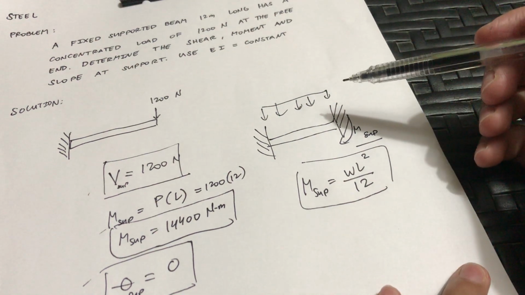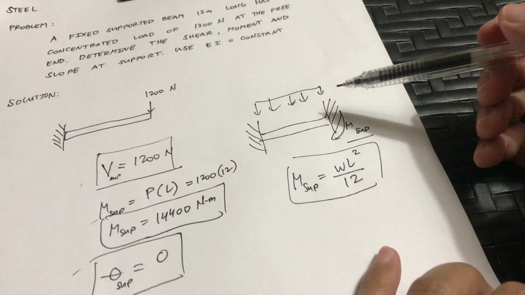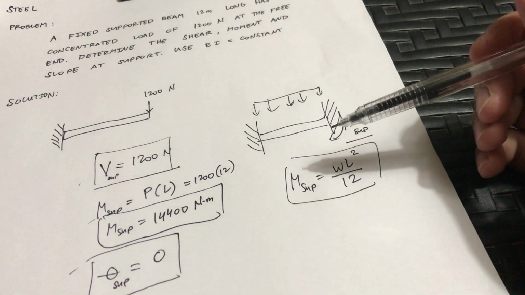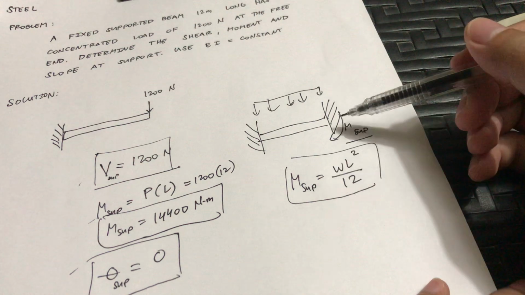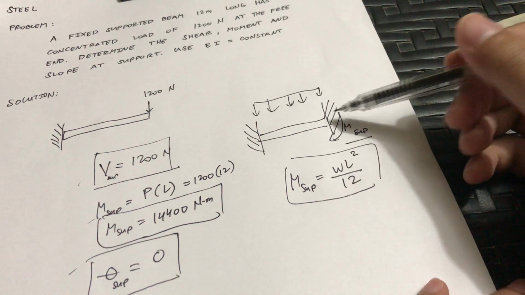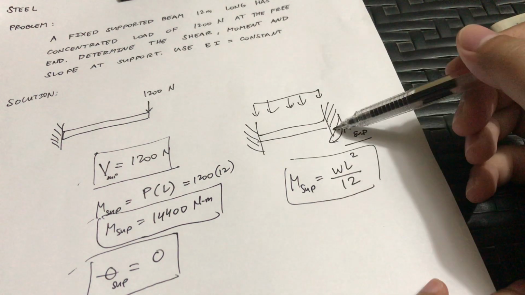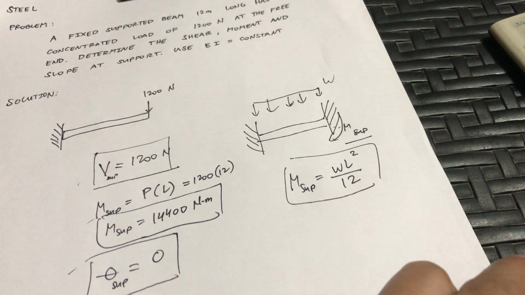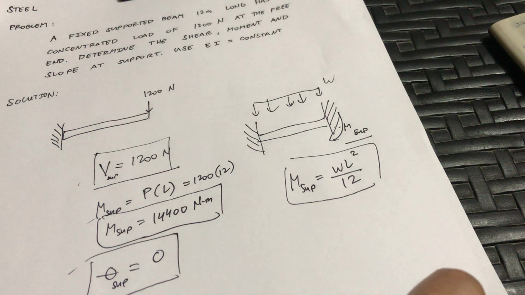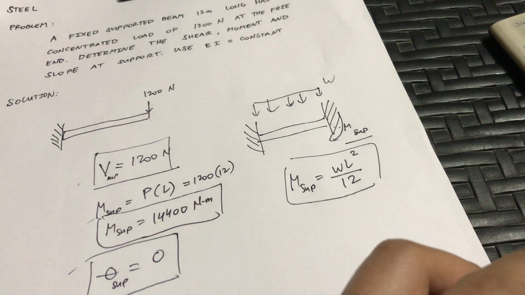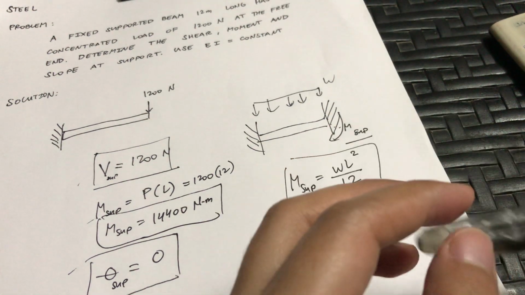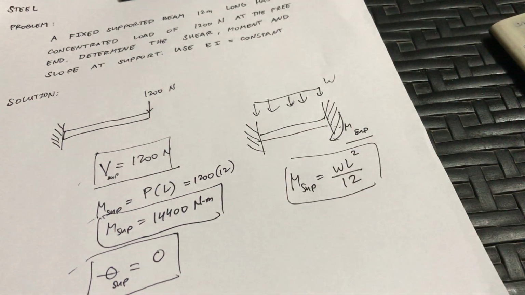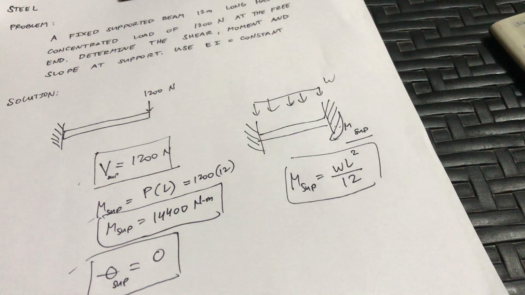So it might take you a very long time to solve for the moment at support if you go with the long method. So the formula for that is WL squared over 12, the moment at the support for a double fixed end with a uniform load. So I repeat, research the internet or any references for the shortcut formulas to solve the shear, moment, slope, and deflection for common beam setups. That is all.